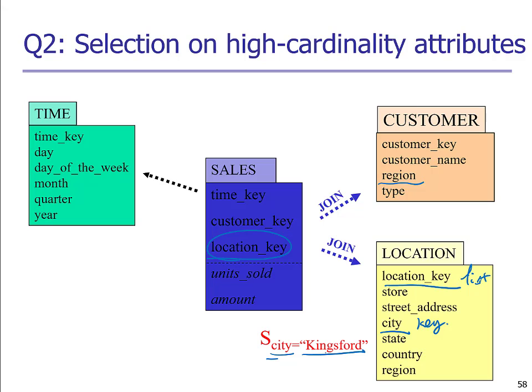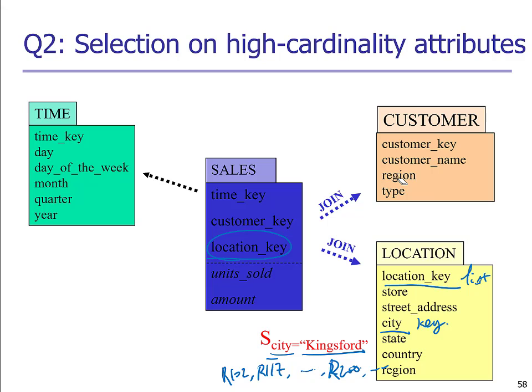So for Kingsford we have, say, R102, R117, and so on and so forth, R20 maybe, just as an example. And for region, say, for example, if the region is, it shouldn't be Australia.